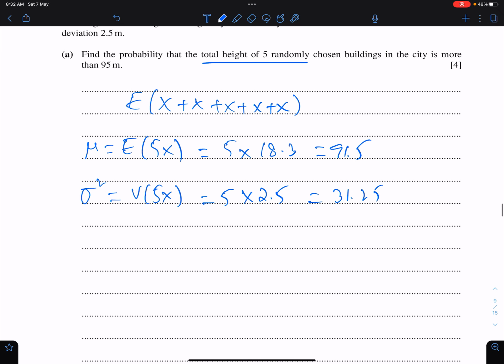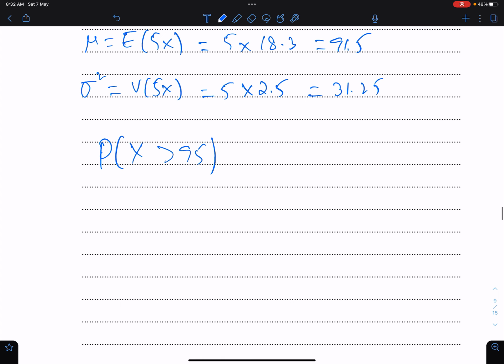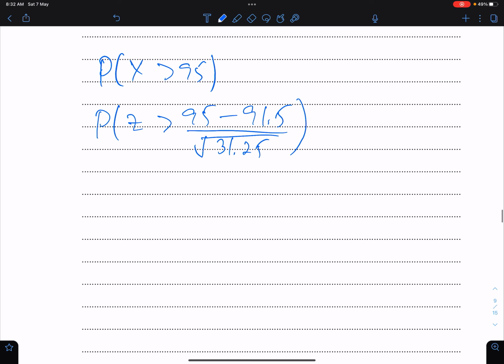We need the probability of more than 95. Z greater than, in fact, x greater than 95. We have to convert this statement into Z. 95 minus 91.5 over the square root of 31.25. This is Z greater than 0.626.